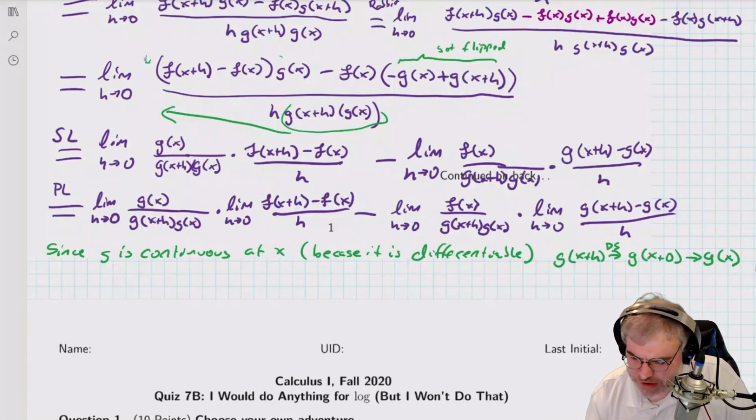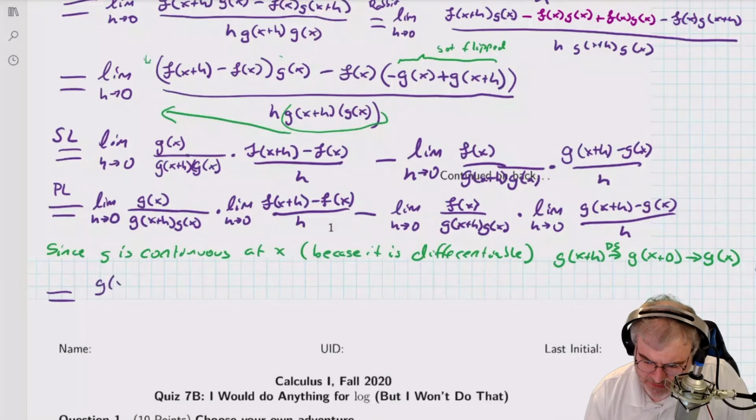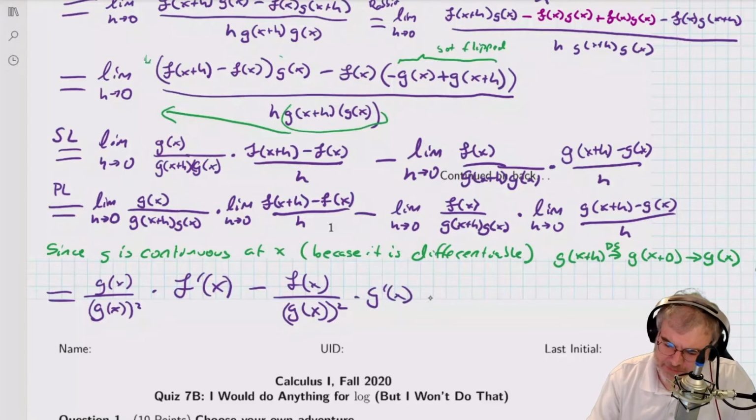Now, I actually don't need to do this because I did it in my introduction. So this here becomes g of x over g of x squared times f prime of x minus f of x over g of x squared times g prime of x. And that's a common denominator, so I'm done.